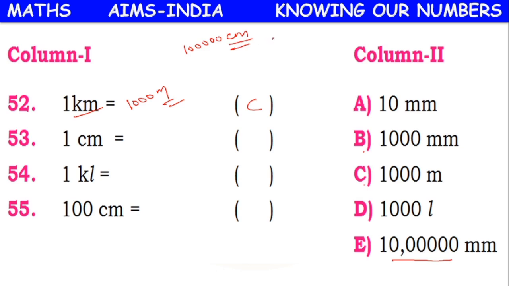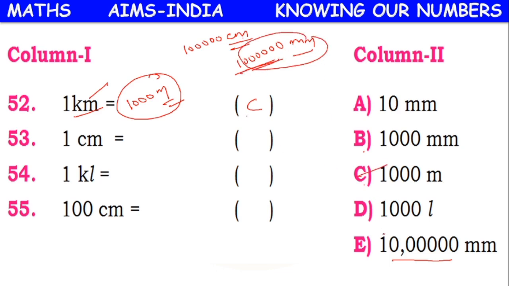But again, 1 centimeter equals 10 millimeters, so we can write it as 1 followed by 6 zeros millimeters. 1 followed by 6 zeros millimeters also we can write for 1 kilometer. So 1000 meters is also correct, C option is also correct. E option also correct. So answers are C comma E. Two options are possible. Next.